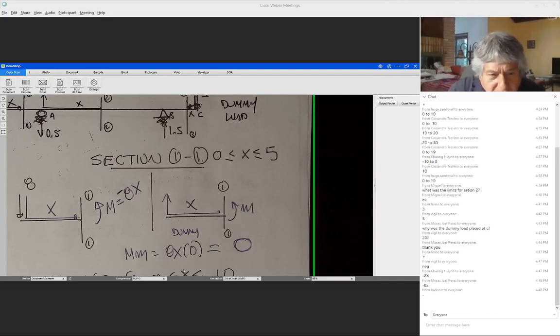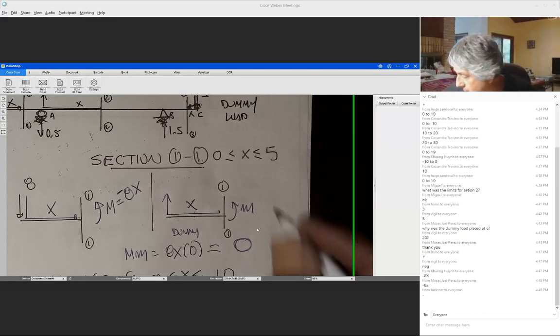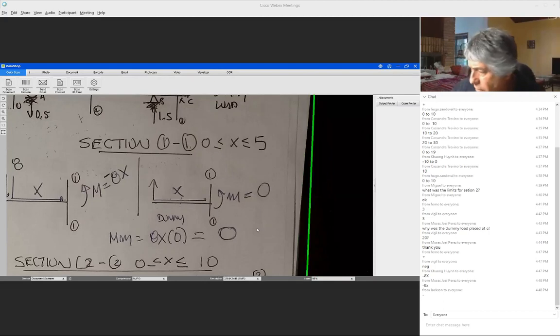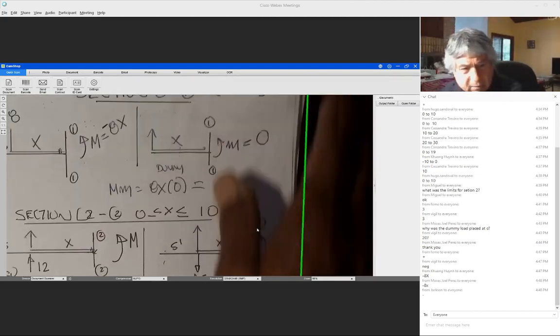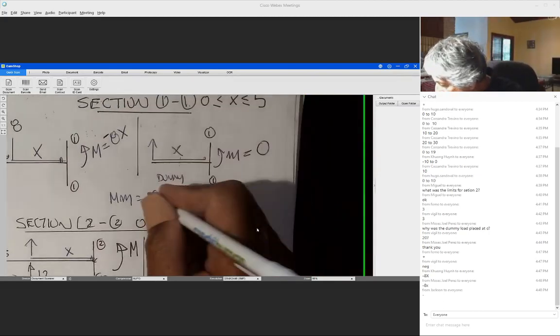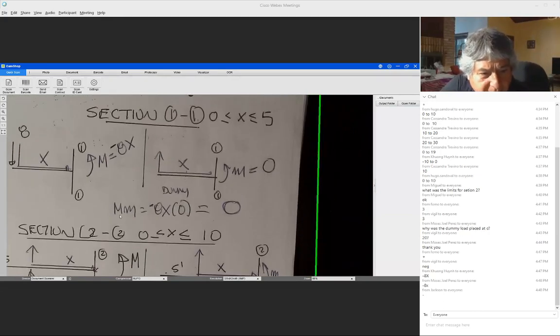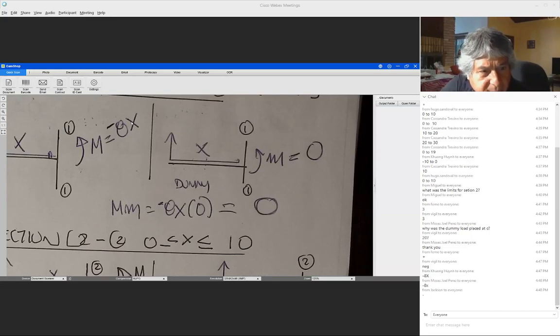But for the dummy load, look, there is nothing here. So this m is zero. Down below in here, I have multiplied large M and little m, give me zero.